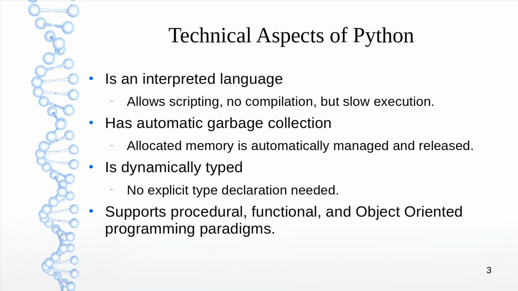So some of the technical aspects of Python, for those of you that might be a little bit more technically oriented and familiar with other programming languages: it is an interpreted language. It does not need to be compiled, such as, for instance, Java and C++. And because you just simply write a code and you execute it, it lends itself well for being a scripting language.